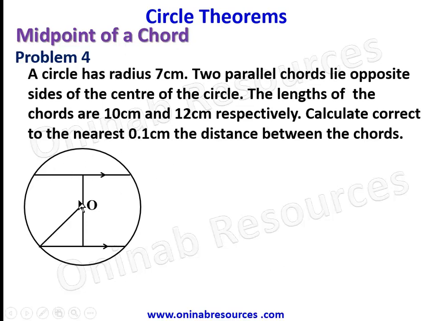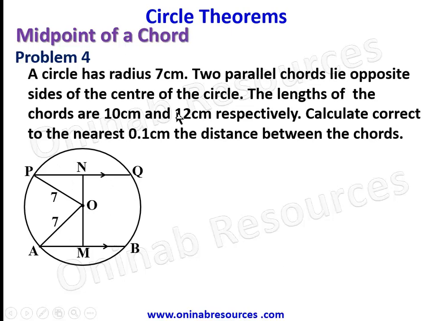The radius here is 7 centimeters, and the other radius here is also 7 centimeters. So we can name the lines. This is A, B, where the midpoint here is M. Here we have P, Q, and the midpoint here is N.